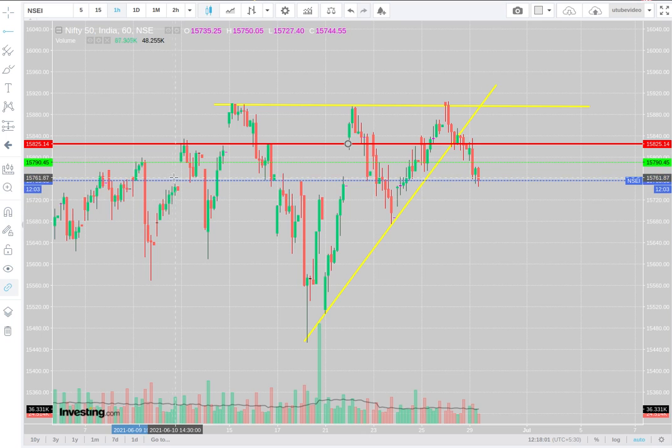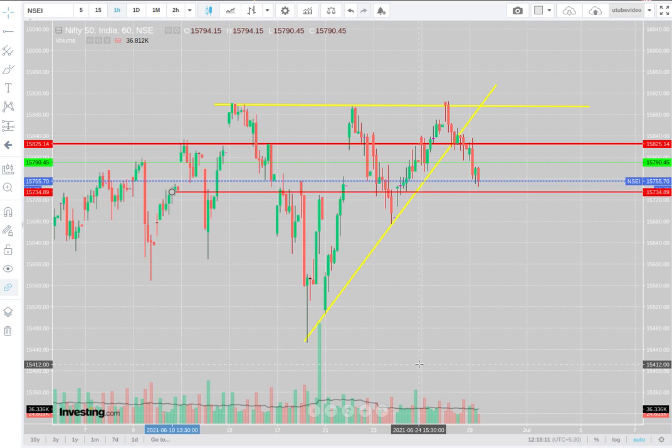Now let's try to find the support, for what happens if the support gets broken, right? How about these levels? Say for example here also you can see that this was acting like a support. It broke, and then it tried to sustain, and then it went down, and then again.